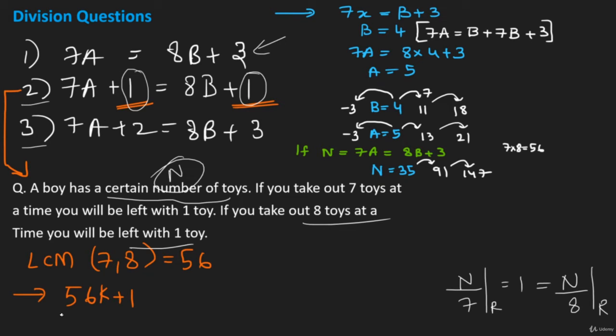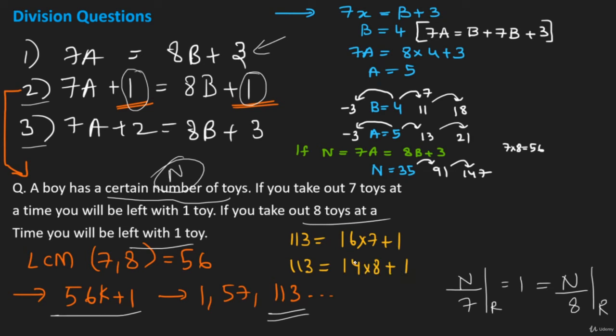So what are all the numbers in this AP? If k is equal to 0, you will get 1. If k is equal to 1, you will get 57. If k is equal to 2, you will get 113, and it goes on like that. All right, now let's see if this condition is satisfied. Say in the case of 113, if you divide 113 with 7, you will get 16 and your remainder is 1.